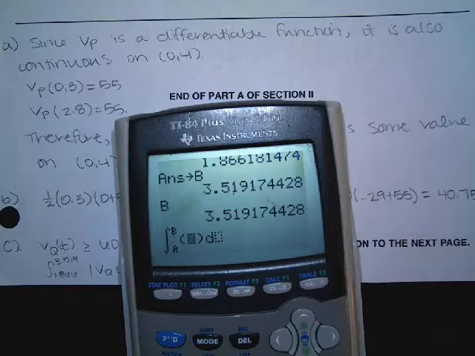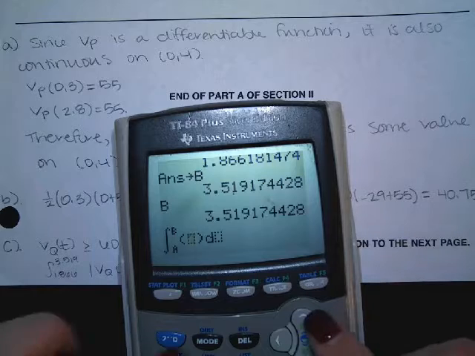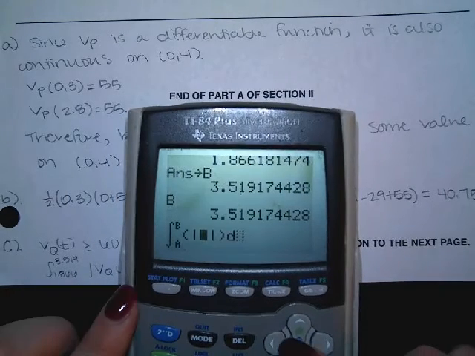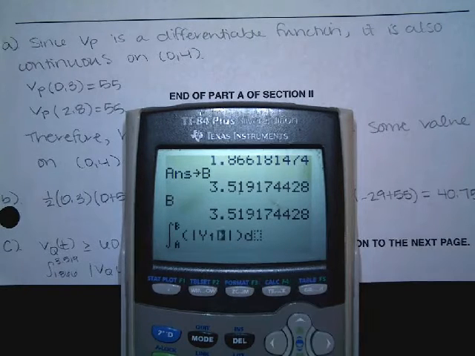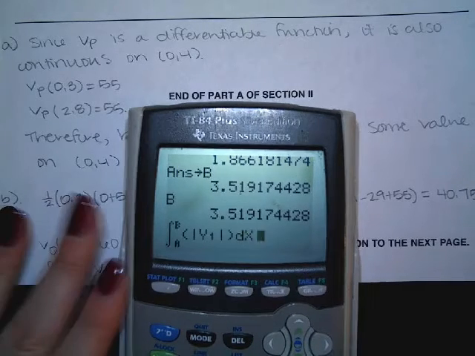Instead of just putting in the function, I'm going to put an absolute value symbol around the function. So I've got math, get my absolute value symbol in there, and then I'm using y1 because that's where I had stored the function when I graphed it. And so that's where I got my answer from.